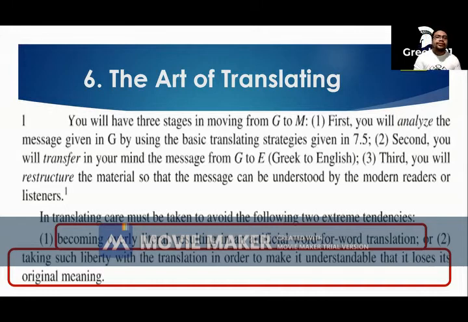So that is dangerous. Too much literal can kill, and too much liberty is also dangerous. So it's both extremes, no? So you should know the context, and you should also be able to retain the original meaning of the text. What does it have to say to the readers before and to us today?